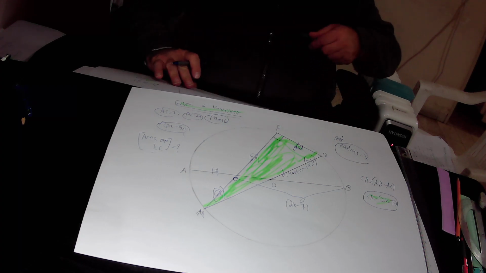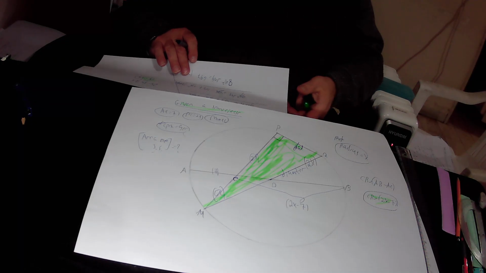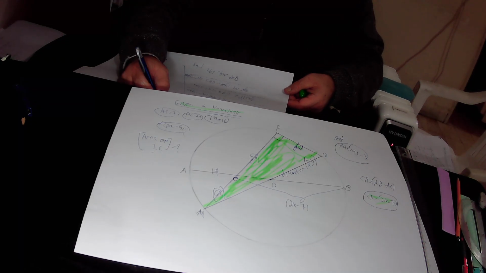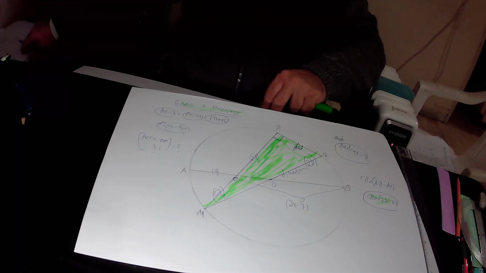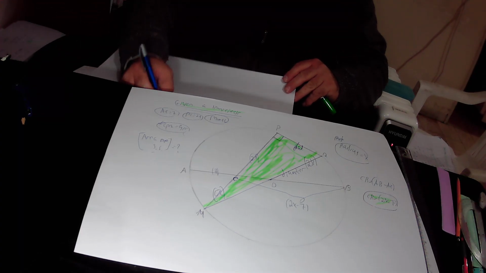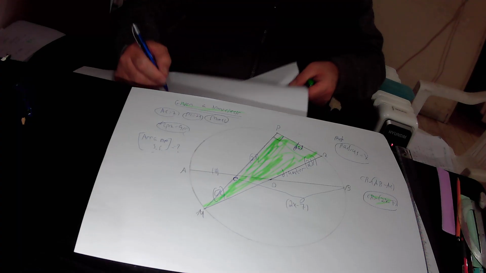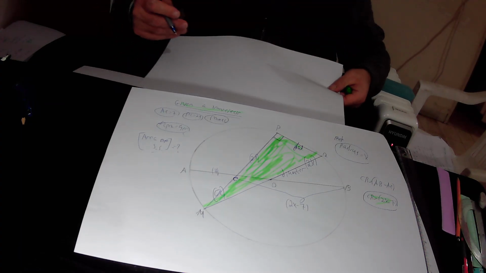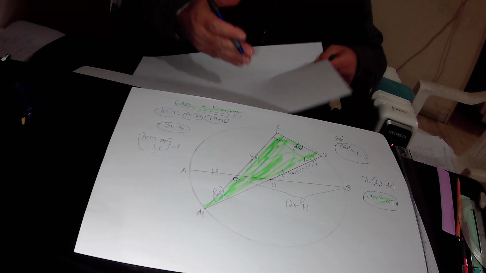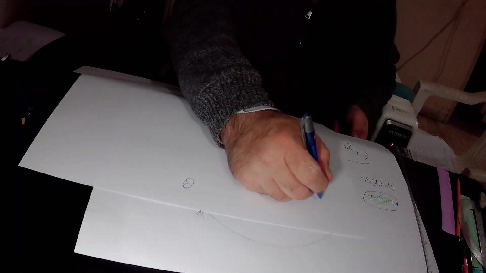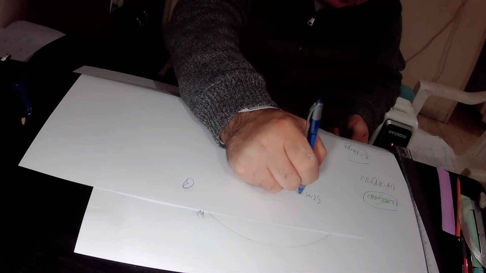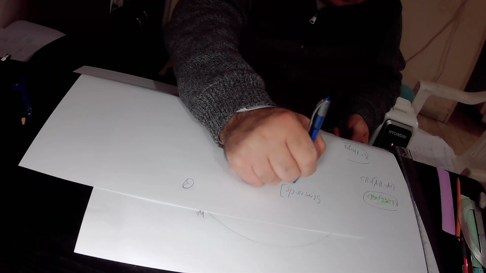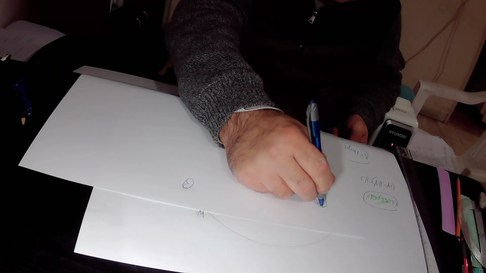So what is the area of the semicircle? The radius of this semicircle is x, therefore the area of the semicircle must be equal to pi x squared over 2.